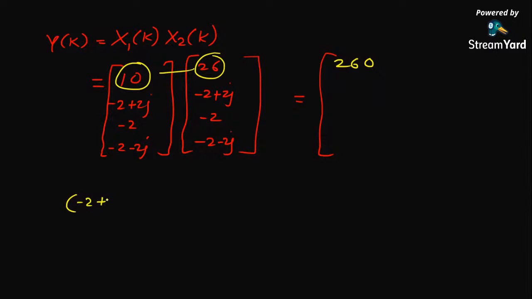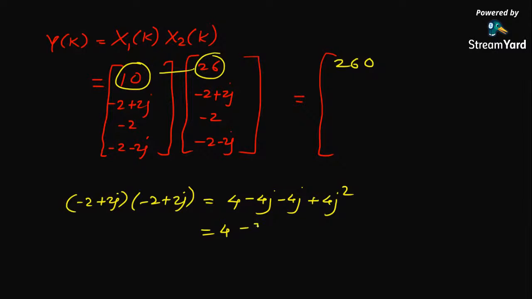So (-2+2j) multiplied by (-2+2j) is equal to 4 - 4j - 4j + 4j², so it is 4 - 8j, and j² is -1, so minus 4, so the answer is -8j.